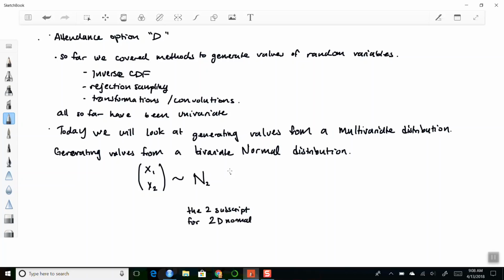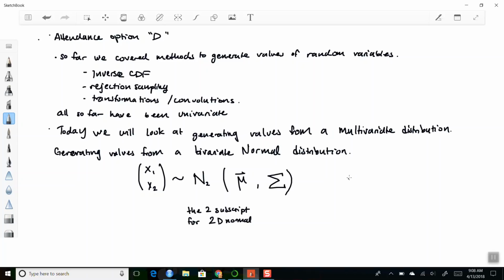Okay, and the normal distribution has mean mu, except it's a vector because there's a mean for the x1 coordinate and a mean for the x2 coordinate, and then we have a sigma matrix.